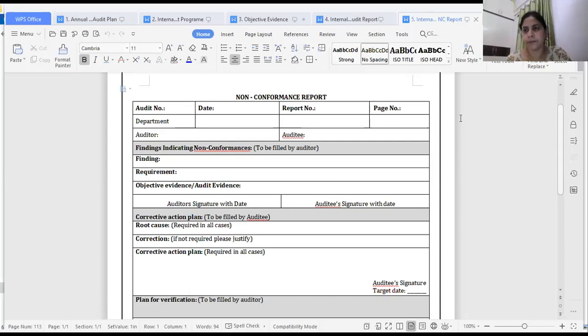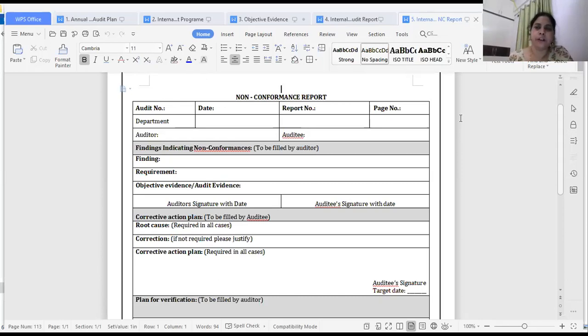I called the process owner, the principal, from his office and said, "Sir, I am here for your department audit." Then he said, "I may not come now. You need to wait for another 2-3 hours." I said, "I'm going back because my time is over. I came for this particular time. Anyway, after 2 hours, I'll come and meet you." After 2 hours, I went and I raised this non-conformance report.